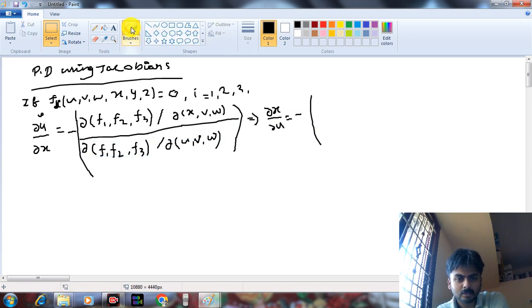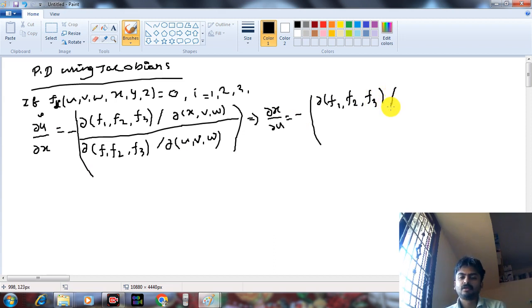I shall write here ∂(f1, f2, f3), since x is in the numerator we will have x, y, z as common, divided by, since I am differentiating x with respect to u, in the place of x I will have u. So ∂(u, y, z).